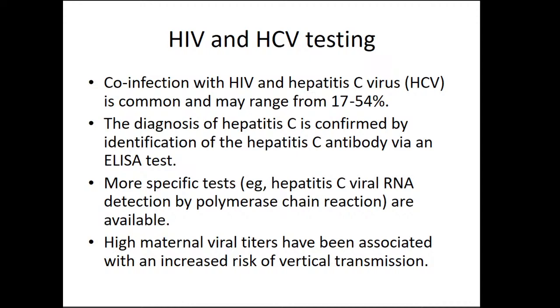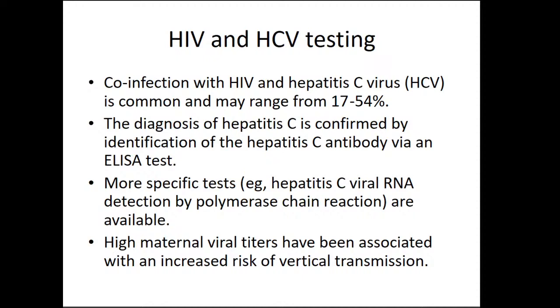The diagnosis of hepatitis C is confirmed by identification of the hepatitis C antibody by ELISA test. More specific tests like RNA testing for HCV by PCR are also available in commercial laboratories, and blood can be sent for such investigation.